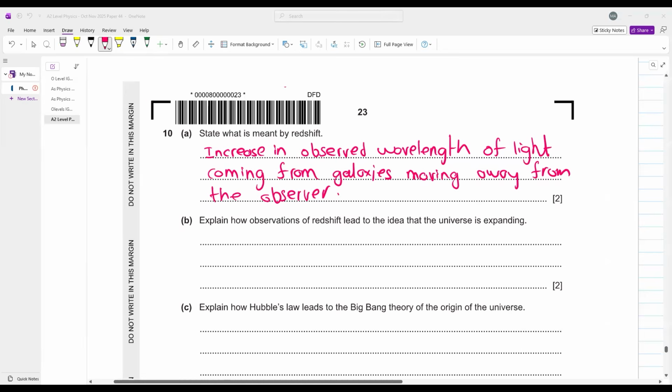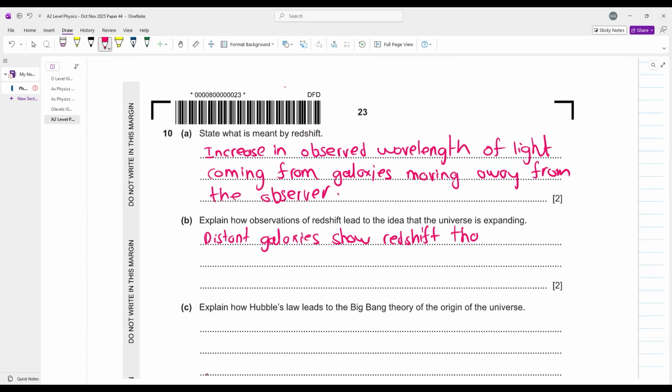Beta, distant galaxies show redshift, so galaxies are moving apart. Beta, galaxies जो हमसे दूर move कर रही हैं, they show redshift. That means they are moving apart. Galaxies are moving apart. इसका मतलब ये है कि universe is expanding. So you can say distant galaxies show a redshift.